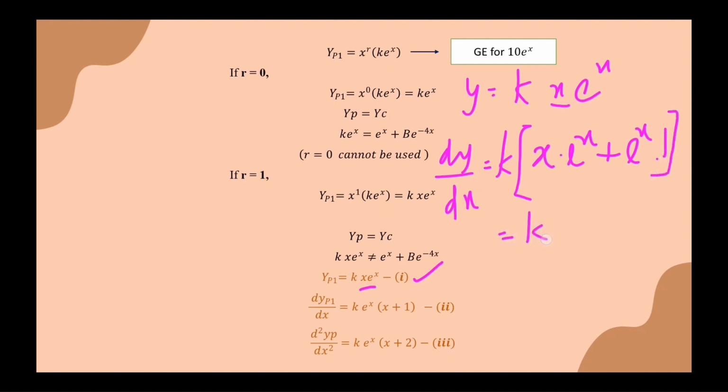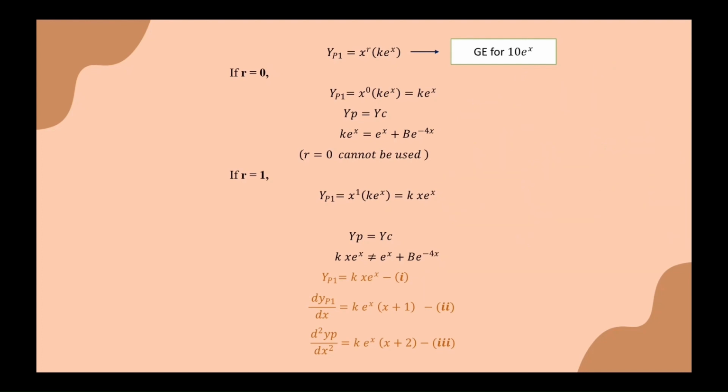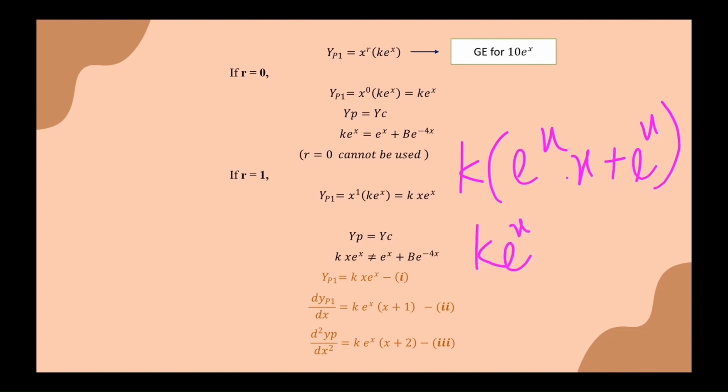So your answer is k x e^x plus e^x, so you get k bracket x e^x plus e^x. I simplify the equation to make it easier. I extract the e^x out, so I get k e^x (x plus 1). This is the first derivative.